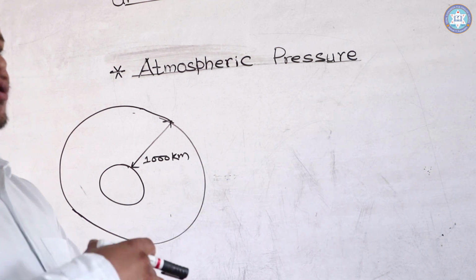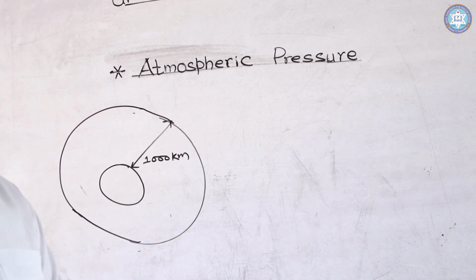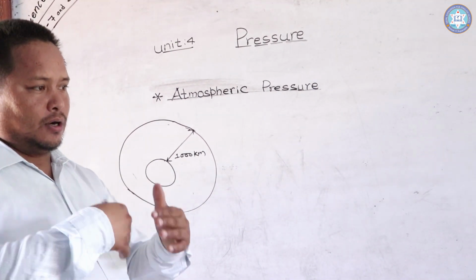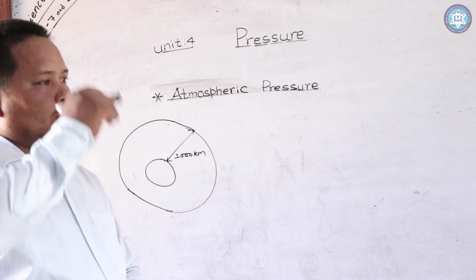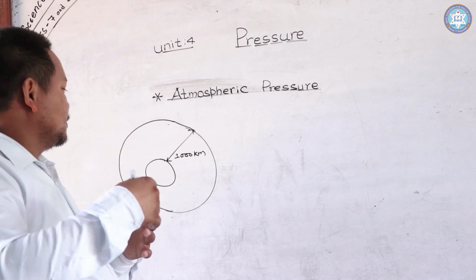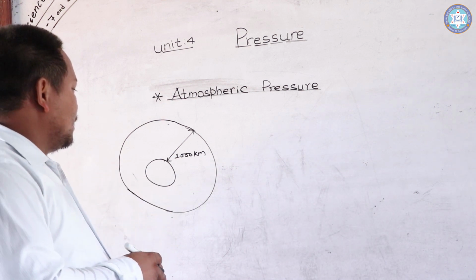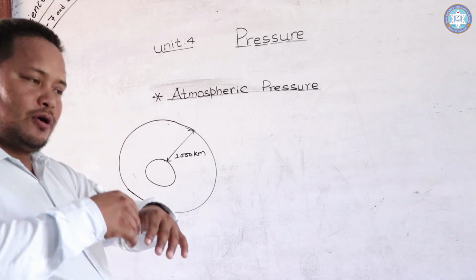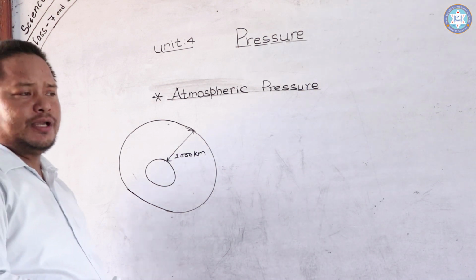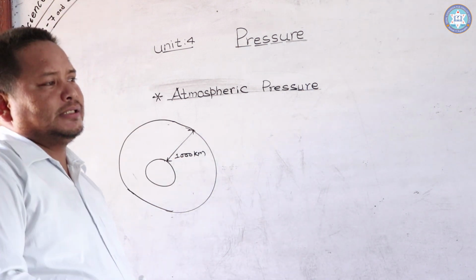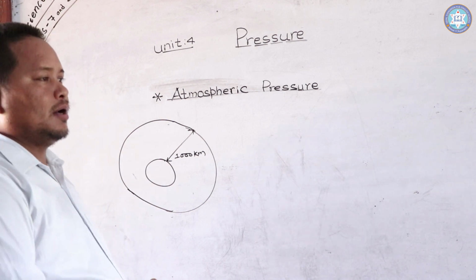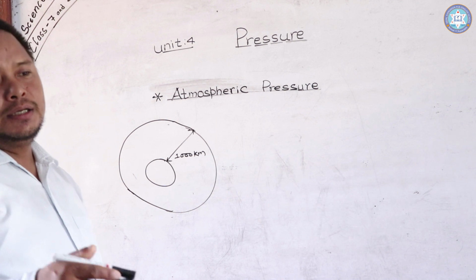And this composition of air is high at the sea level, whereas as the altitude goes upward, what happens? It becomes thinner. So that means we can say at high altitude its amount is very less as compared to the air at sea level.